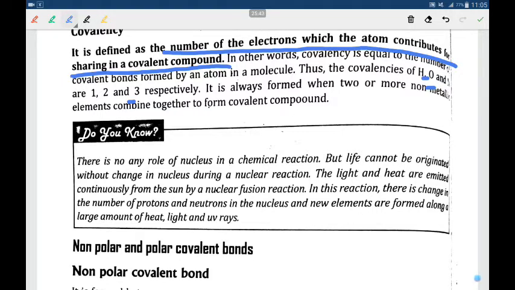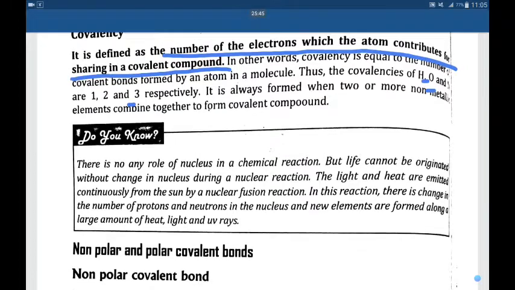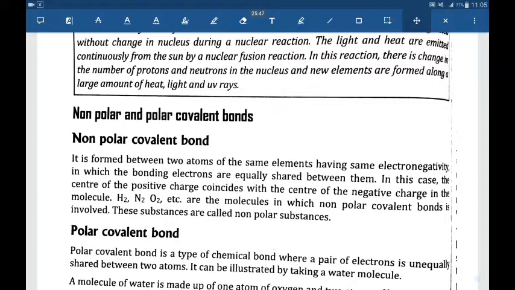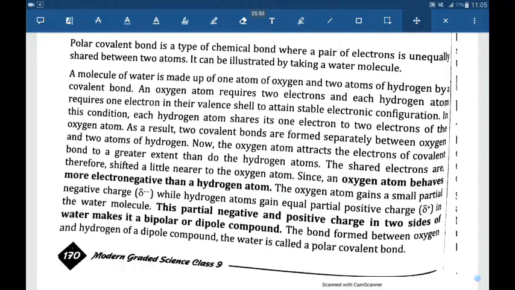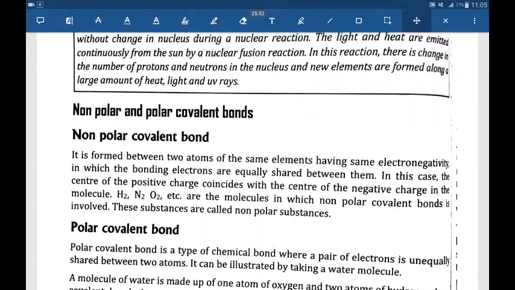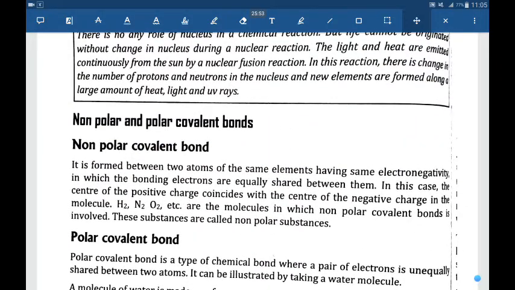So, dear students, now in today's class we are going to discuss non-polar and polar covalent compounds. Okay, polar. So, what are the non-polar covalent compounds and what are polar covalent compounds?